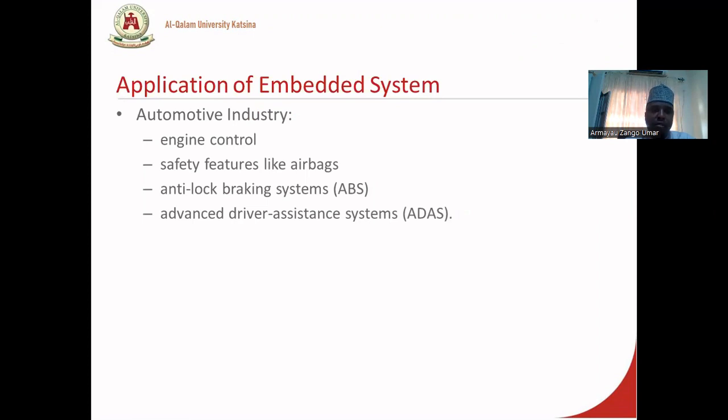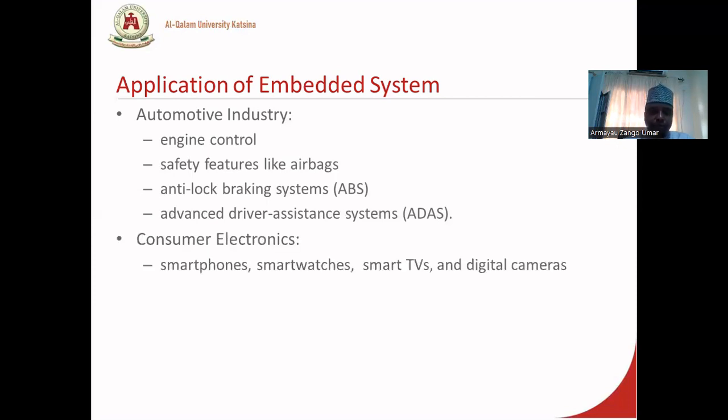This includes automatic parking assistance, cruise control, and maybe blind spot notification. They are all included in the advanced driver assistance system. This is actually being powered by embedded systems.